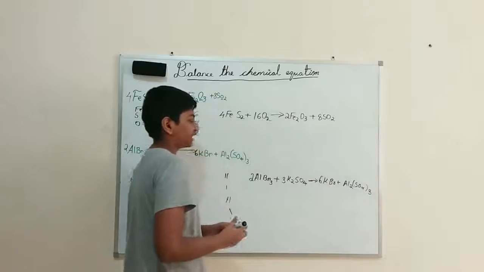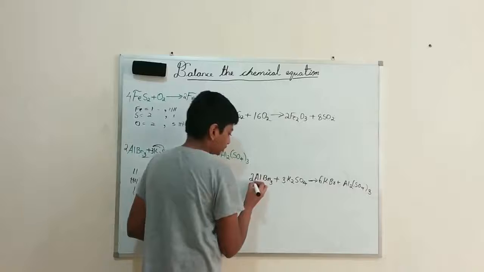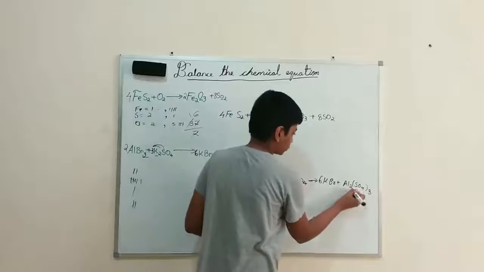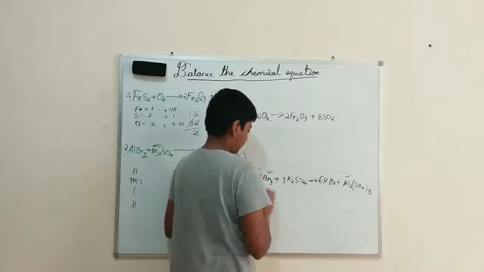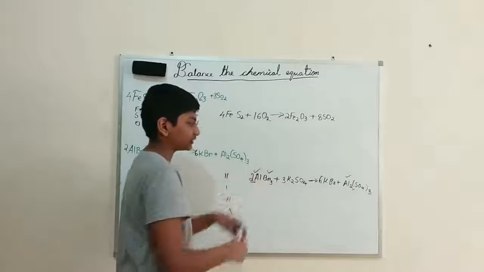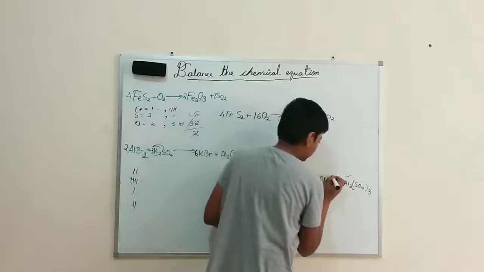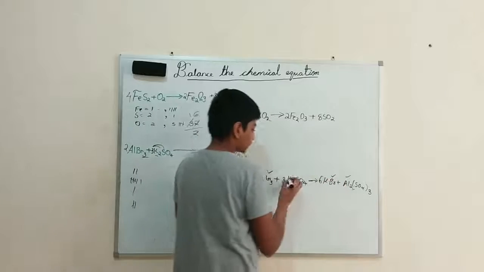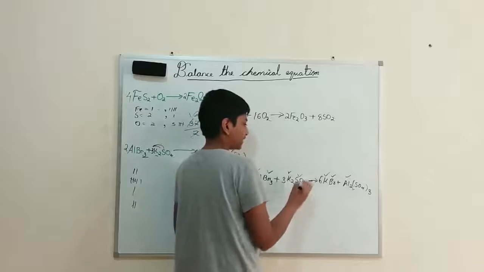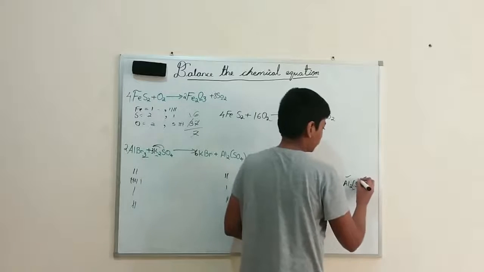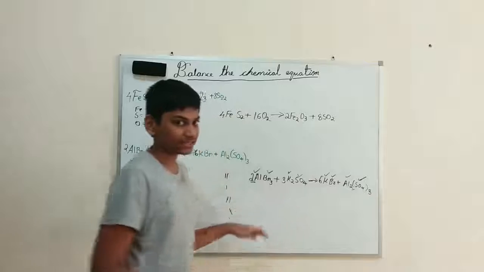Okay, so let's check whether our chemical equation is balanced. So 2Al, here also 2, so they both are correct. And Br3 over here, Br6, sorry. Okay, 2 into 3 gives us 6. So here also 6 Br, and here how much K? 6K potassium, here also 6 potassium, and 3 SO4, here also 3 SO4. And our chemical equation is balanced right here.